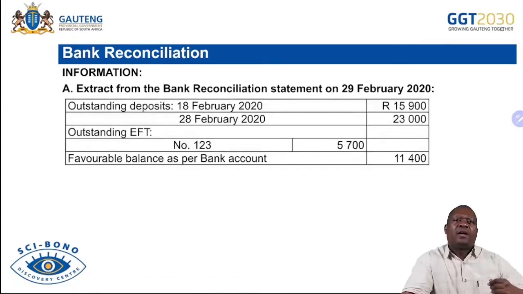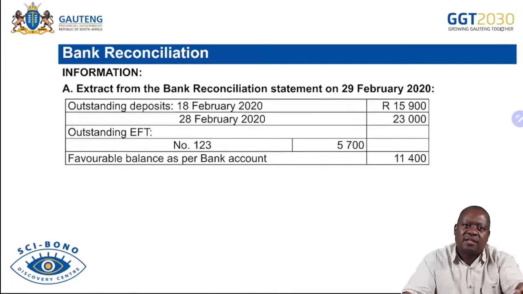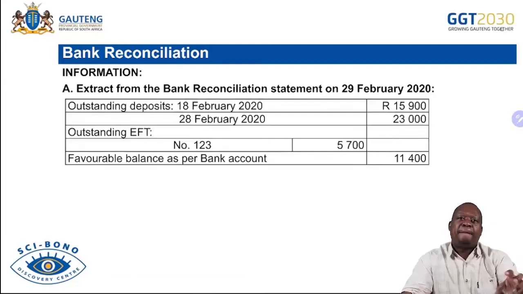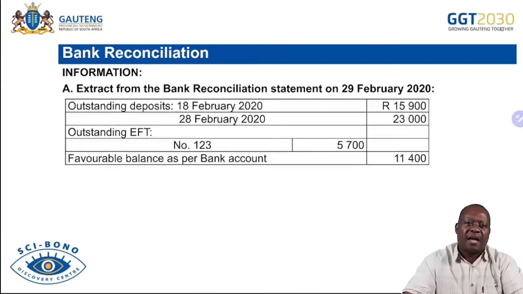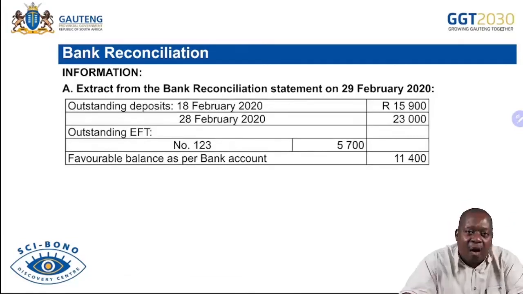No. The reason why they are bringing it, remember, what are we finding in a bank reconciliation statement always? Outstanding deposits. Outstanding EFTs. It means they are missing in the bank statement. So when we receive the next bank statement, we must check if they are now appearing.